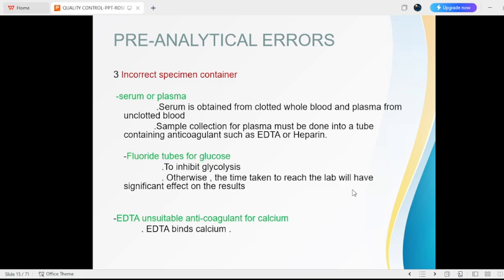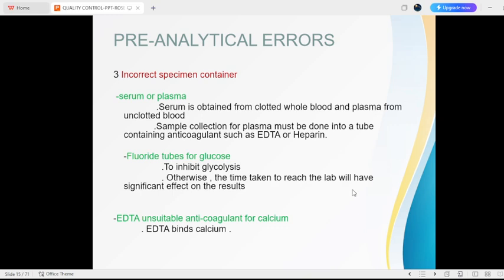Fluoride is used for glucose in order to inhibit glycolysis. The anticoagulant used for glucose estimation is sodium fluoride and potassium oxalate, in the ratio of 1 to 3. It is used to prevent coagulation and it inhibits sugar decomposition, allowing accurate glucose measurement.